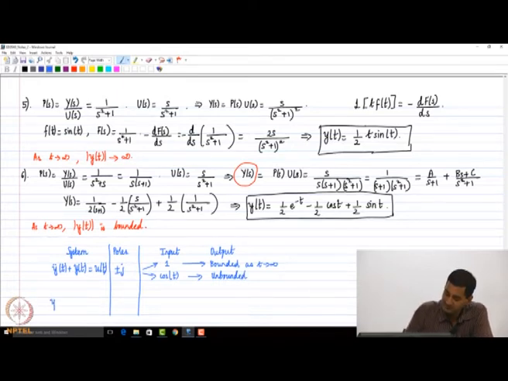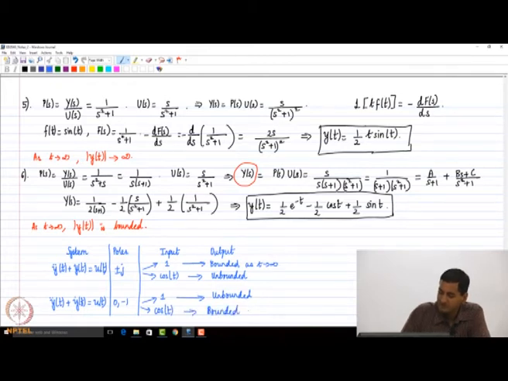Similarly, if we take this system y double dot t plus y dot t is equal to u of t, the poles were at 0 and minus 1. Here when we gave the input as the unit step input, the output was unbounded. On the other hand, we give cos t, the output was bounded for all time t, right?